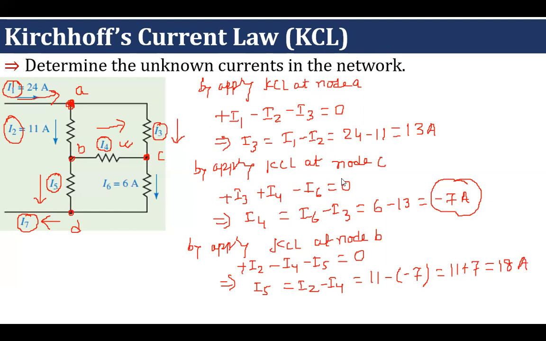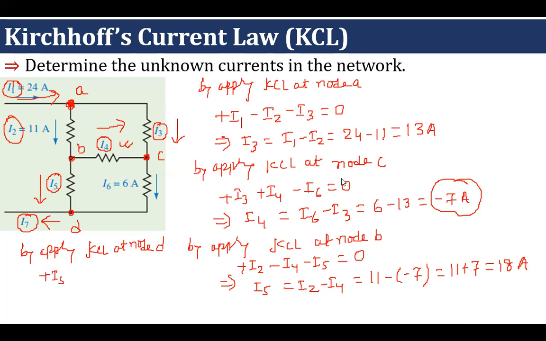Okay, now apply KCL at node D, what we can write? At node D, three currents are associated, I5, I6 and I7. This I5 and I6 are incoming currents, so both will be positive.